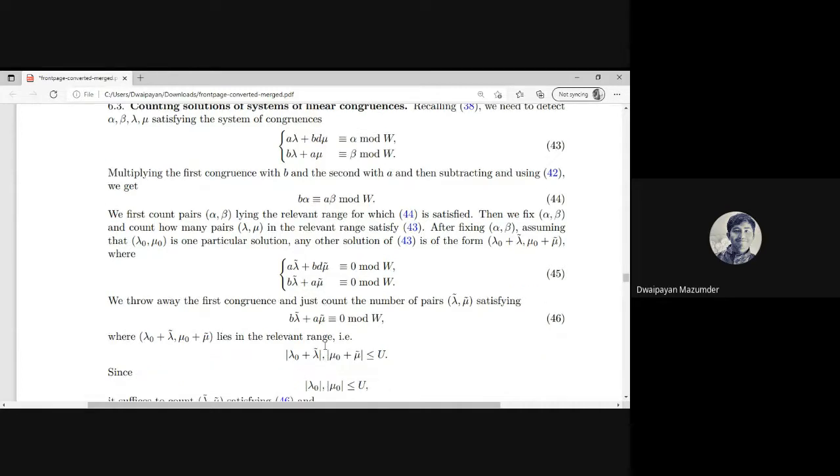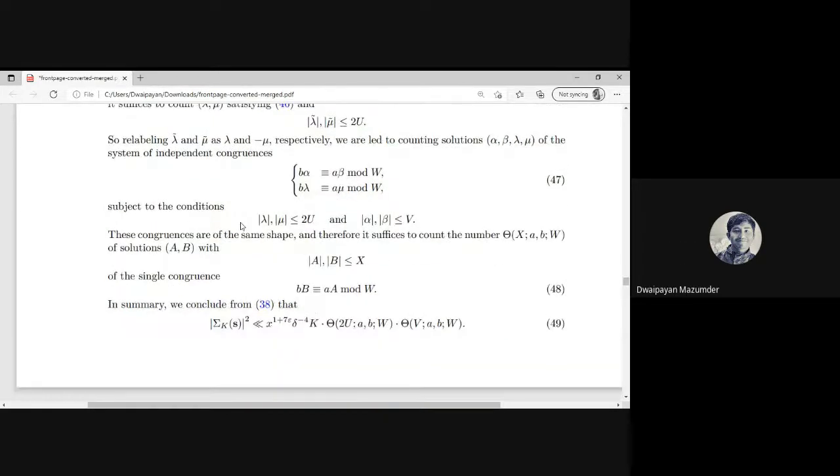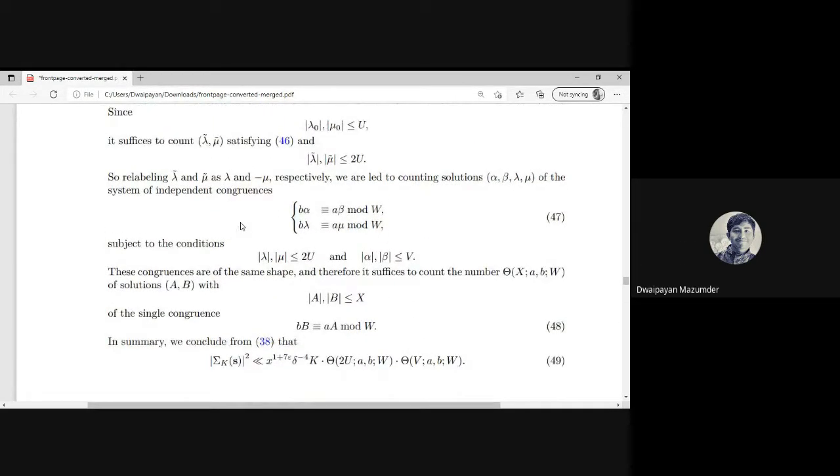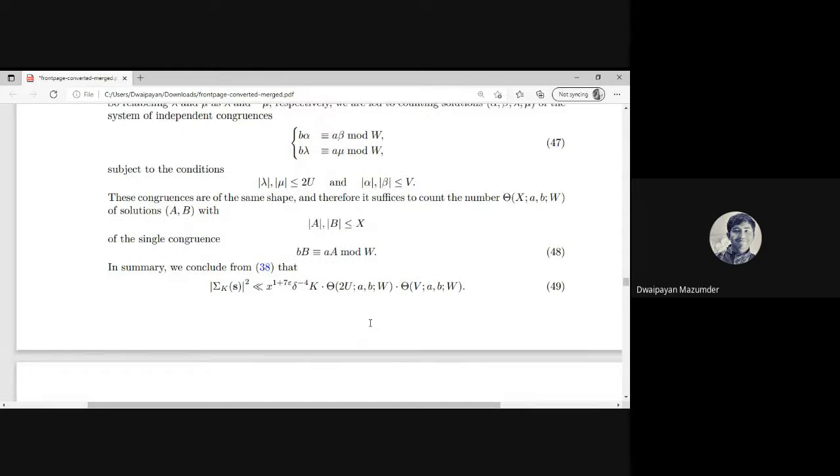So you just rename it, and we just take the lower equation and throw the other equation out. And if we do this, ultimately we have a condition like that, that is capital B modulo of capital A modulo W, where A, B are in a certain range. Okay, and you can get the same shape for the other one, V, also.